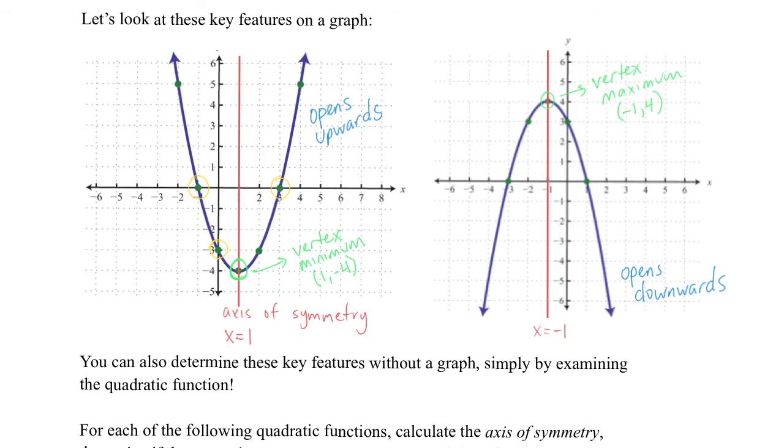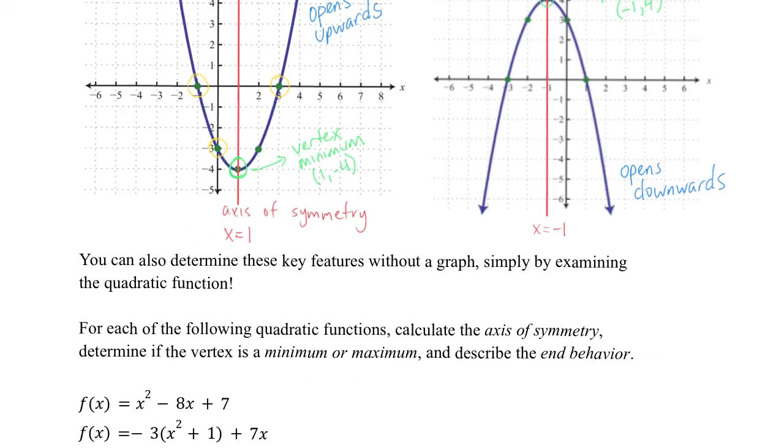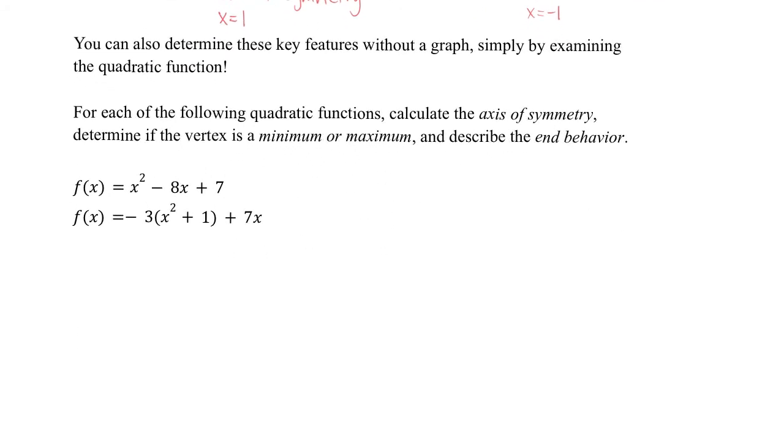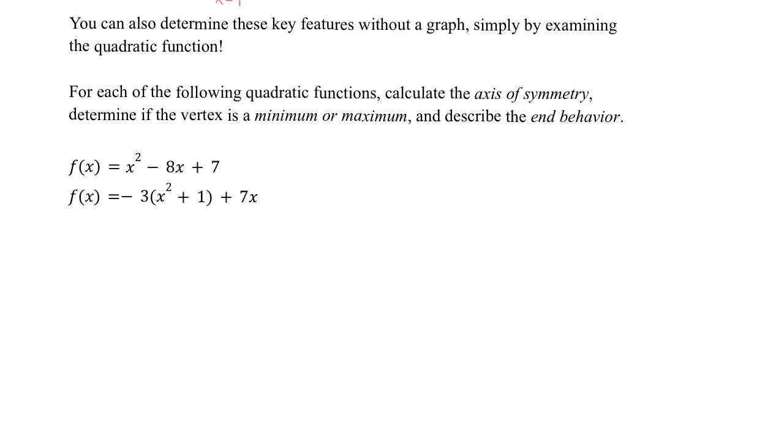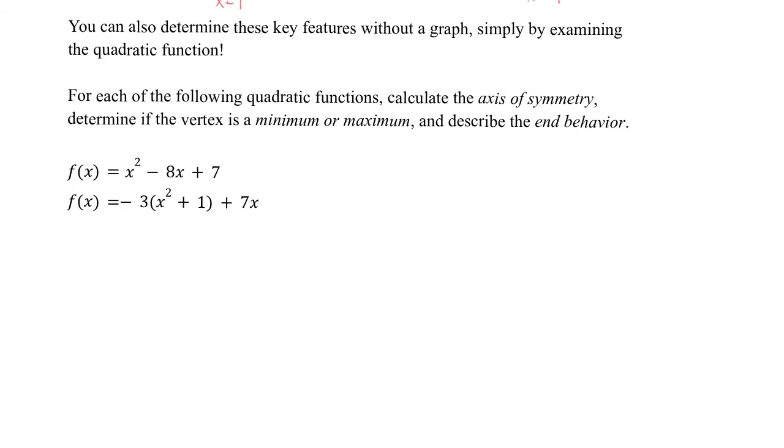So there's all the information that we can get actually off a graph. But we can get this information without a graph too. We could actually get this information just from the equation itself. I'm not exactly sure why this one is putting both equations on the same side, so let me just fix that really quick. Okay, so the first thing I need to do is I need to get my quadratic into standard form, which it is, which basically is that ax squared plus bx plus c.